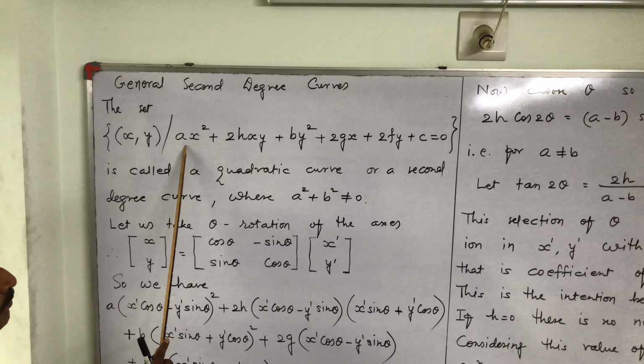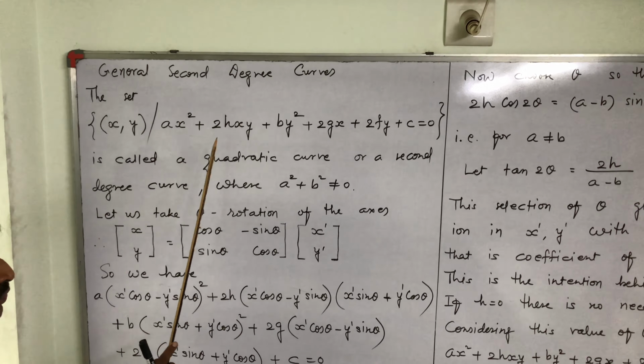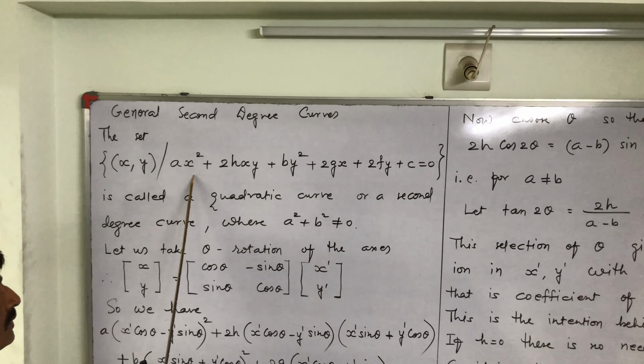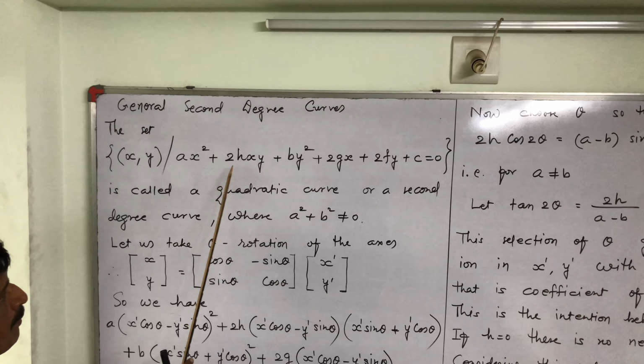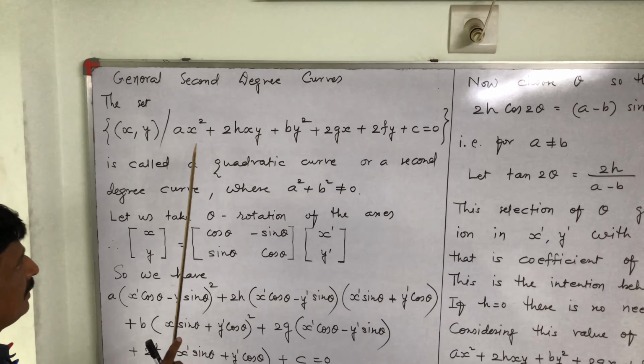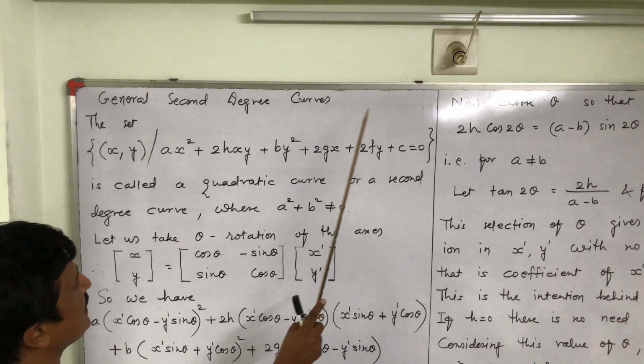Sometimes it may represent a single line, a pair of lines, intersecting lines, or parallel lines, or sometimes it may be a parabola, ellipse, hyperbola, etc. For certain conditions, the solution set of this equation is also the null set.